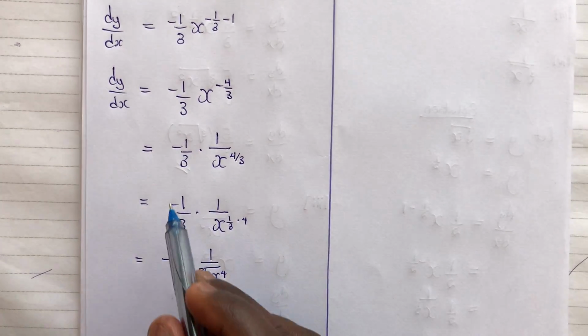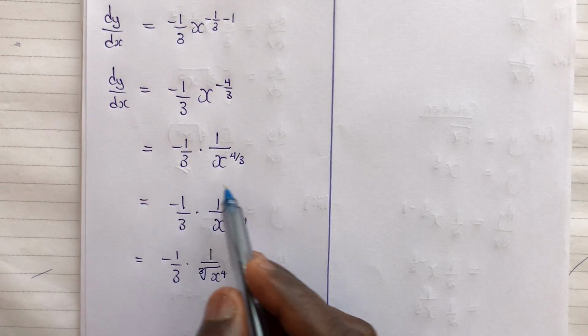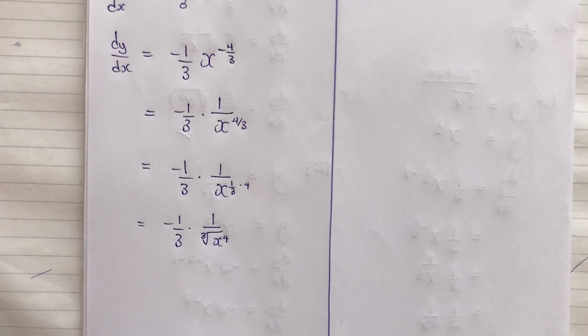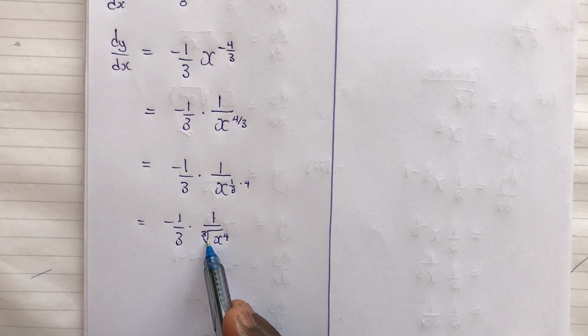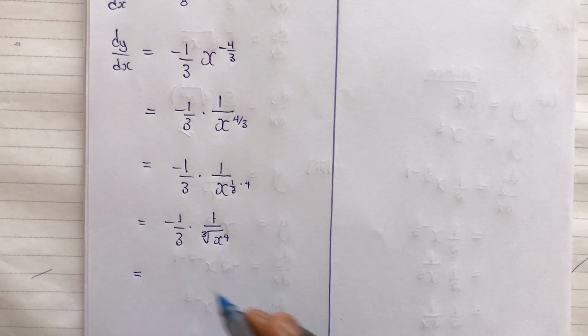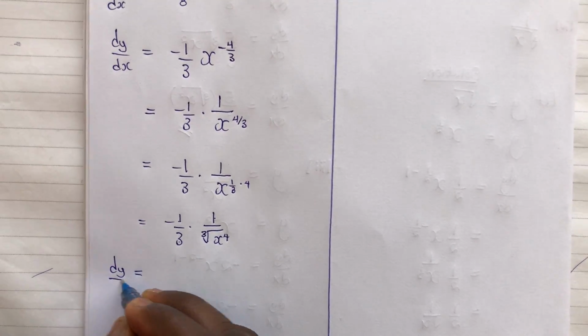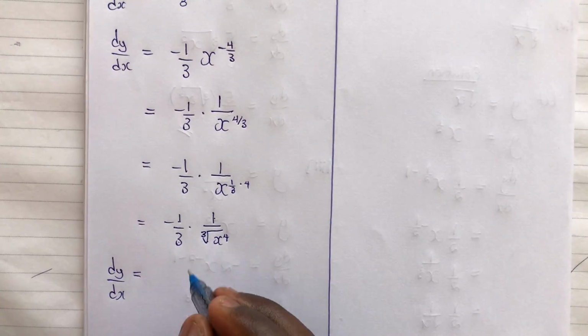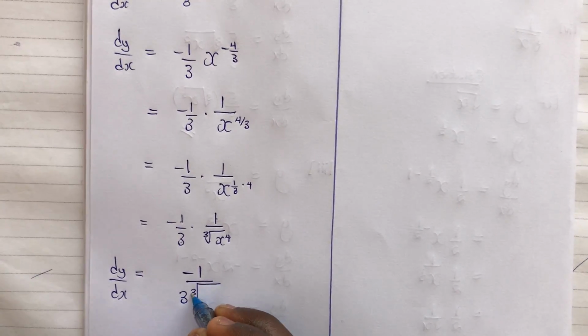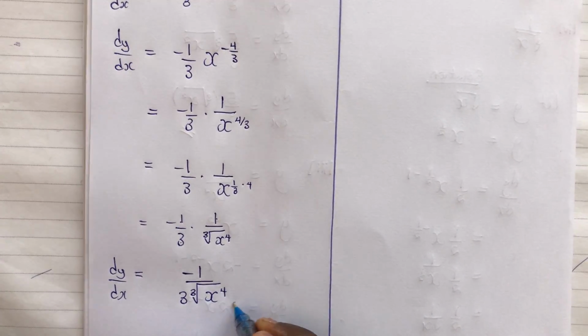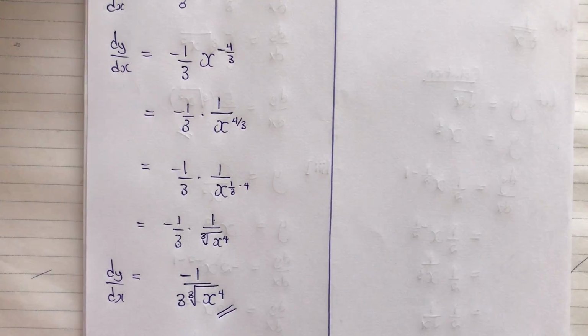Now you don't need to show this step for the sake of explanation. So now this is giving us negative 1 times this and 3 times the denominator. So our final answer becomes dy/dx giving us negative 1 all over 3 cube root of x to the power 4, and you leave your final answer here.